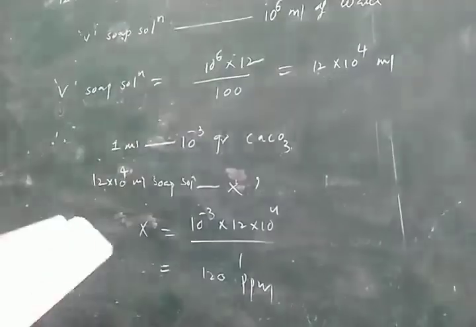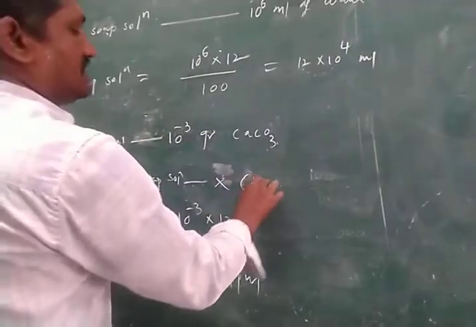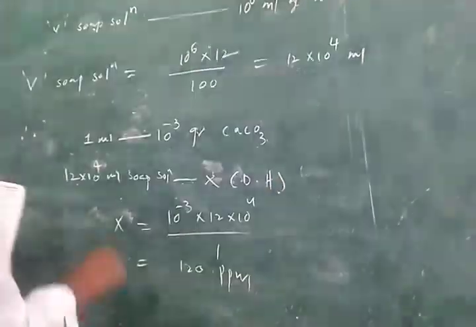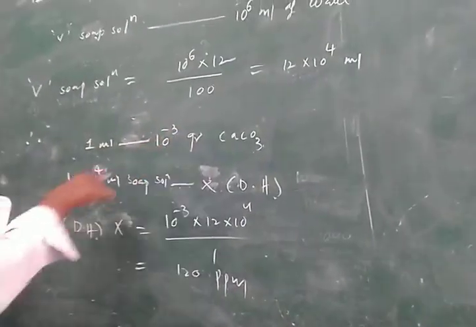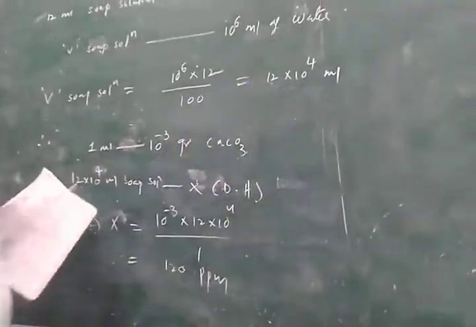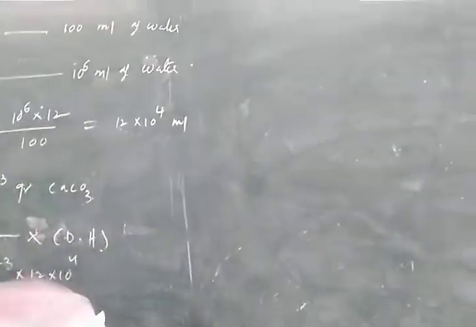This is the degree of hardness: 1 ml equals this much, then this many ml equals how much calcium carbonate. That is the degree of hardness, 120 ppm. Next question.